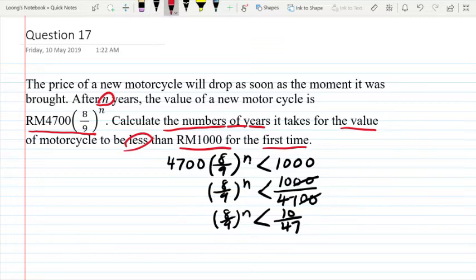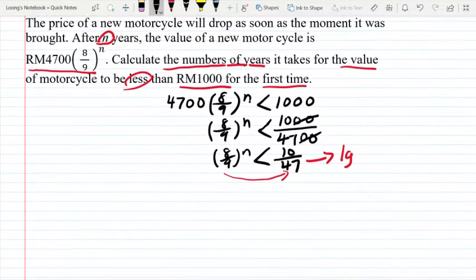And now we need to take note that usually when dealing with this kind of situation, we need to add log in order to evaluate this, as if we continue dividing (8/9)^n by 10 over 7, we can't get an answer. So here we need to put log to evaluate the answer.